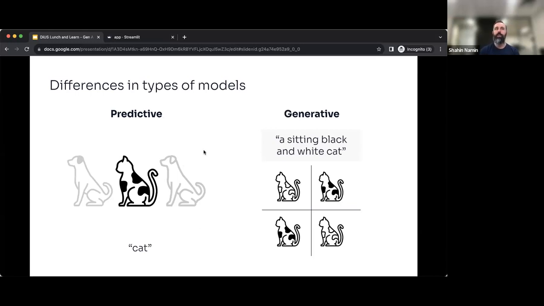So this is an application of generative AI, and we usually see that the purpose of using generative AI models are to generate data. And the underlying machine learning models are called foundation models.